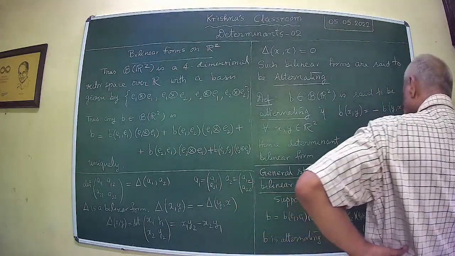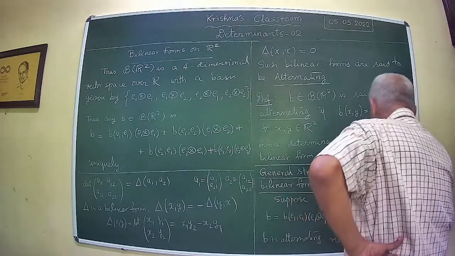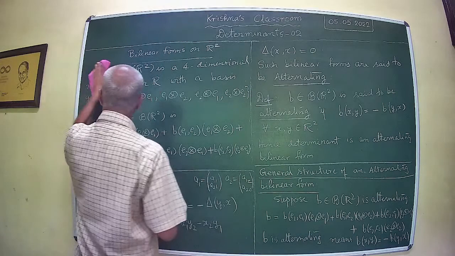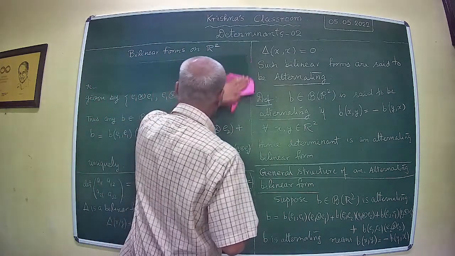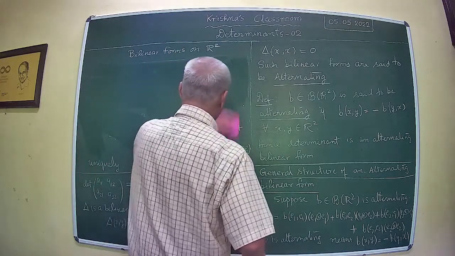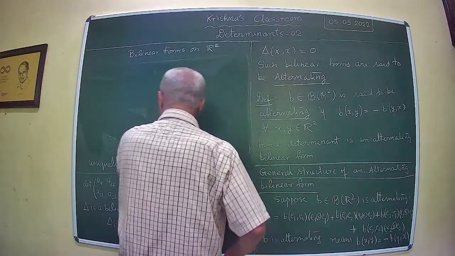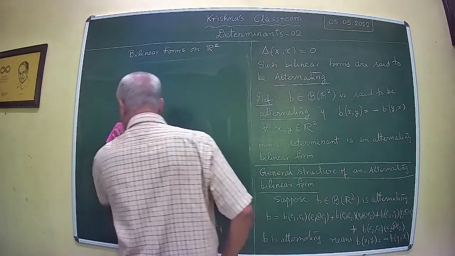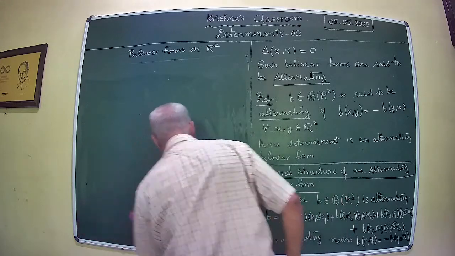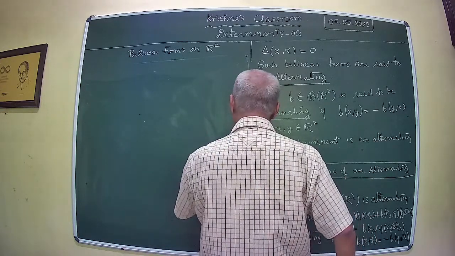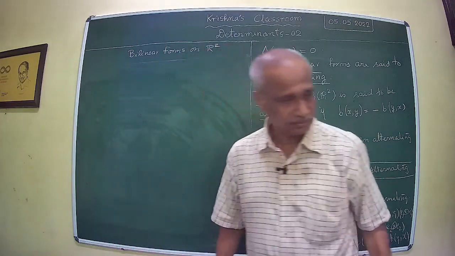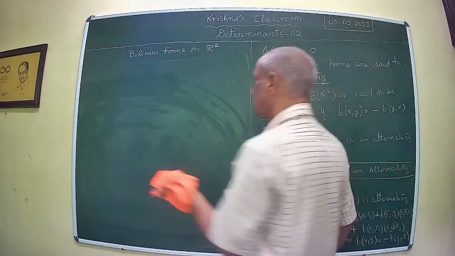Therefore, suppose B is alternating. Now you see that a consequence of this, as I said earlier, is that if B is alternating, then B of Ei, Ei is equal to 0. That is one of the observations that we make.